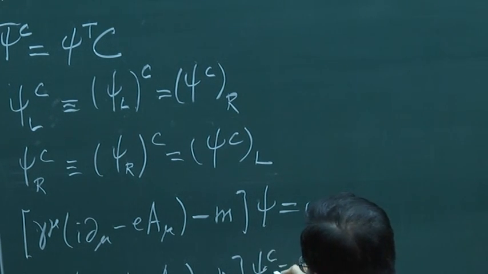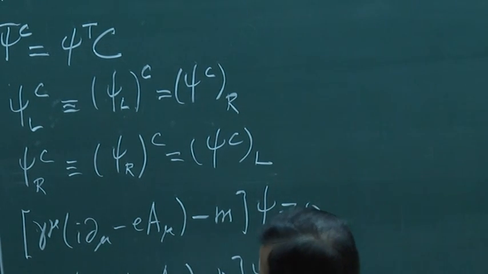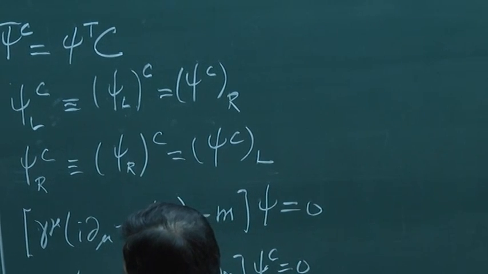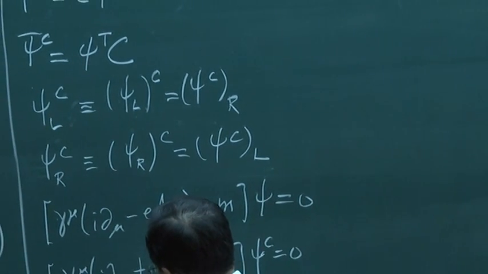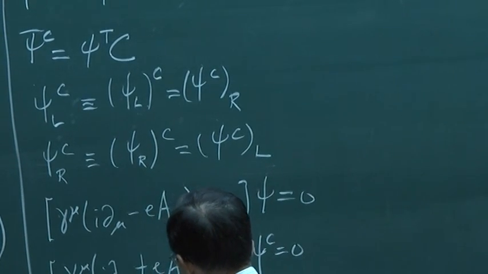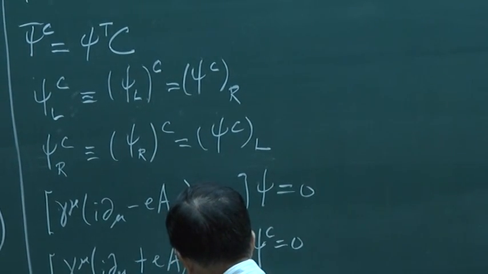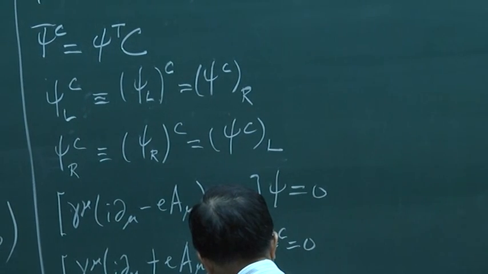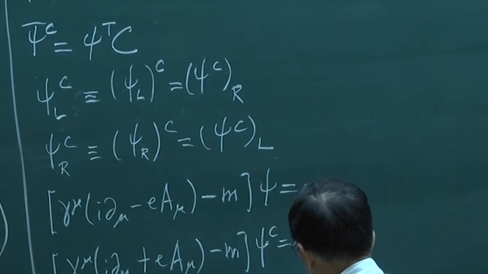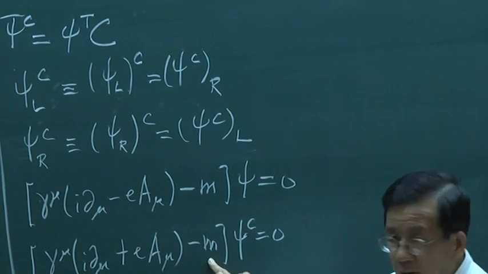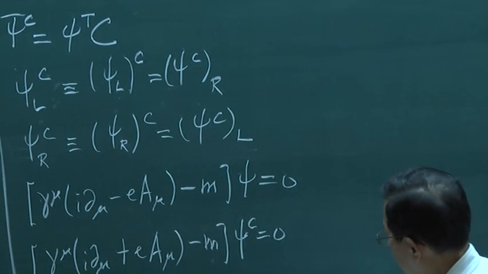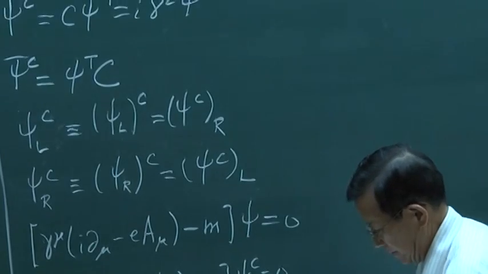So psi is for the particle and psi C is the antiparticle. It has the same mass but the opposite charge.